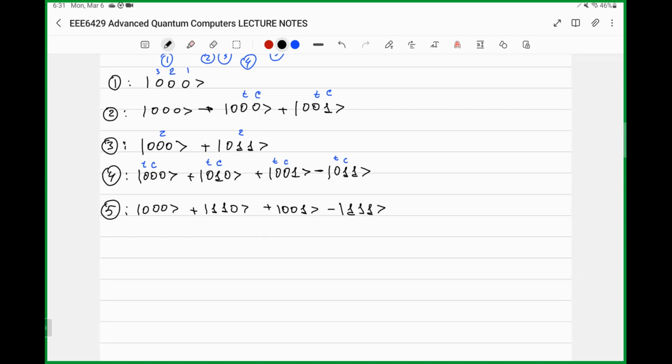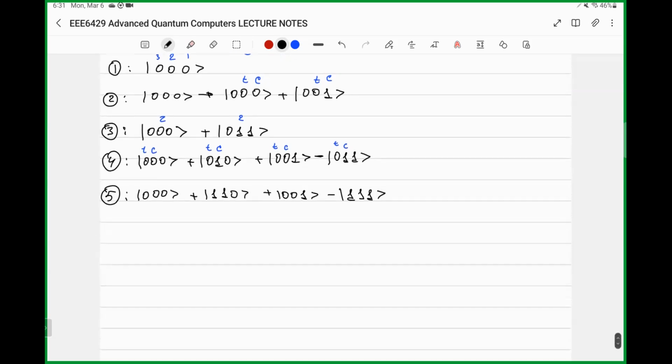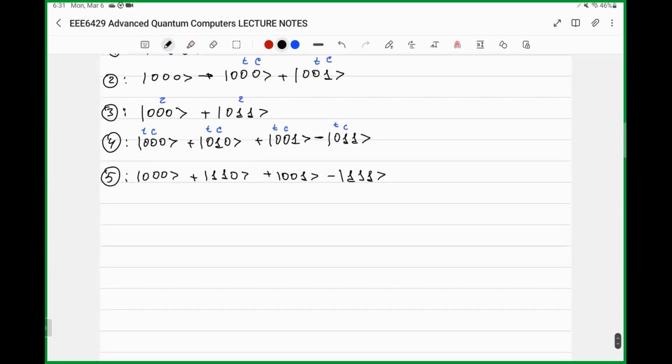So it is state 000 plus 110, 001, and 111 with sign minus here, which takes into account the phase pi. If I would get the prefactor i, for example, imaginary unit, it corresponds to the phase pi over 2, as you of course know.